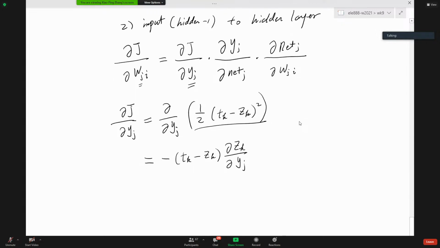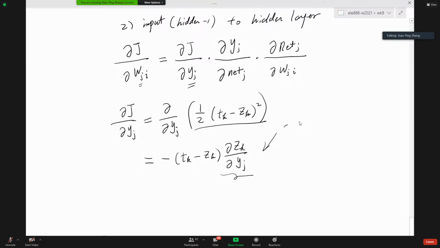This one is actually two-step, because between zk and yj there's an intermediate step, which is net k.